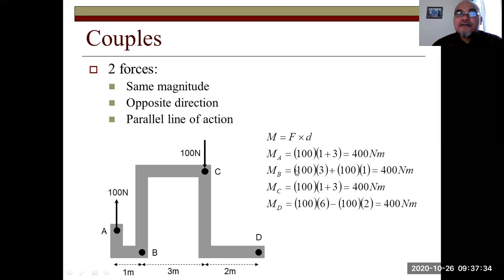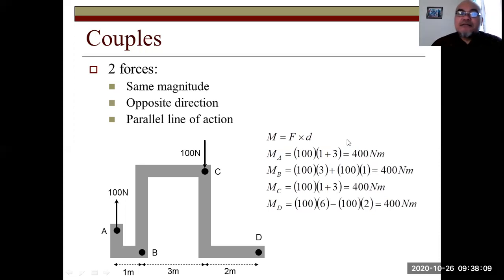So the only moment about point A comes from the force exerted at point C. The moment about point A is 100 Newton multiplied by 1 plus 3. The sign is positive, since intuitively it would rotate the structure clockwise about point A. 100 multiplied by 1 plus 3, or 4, equals 400 Newton meter.